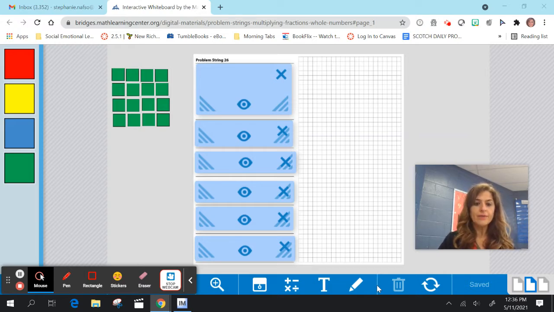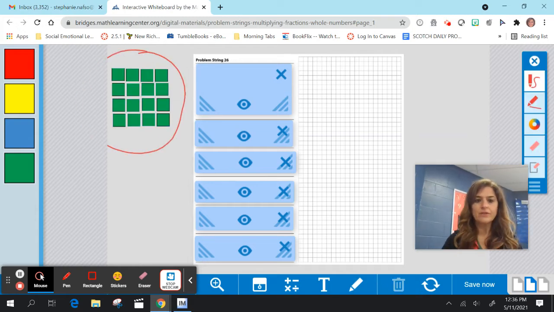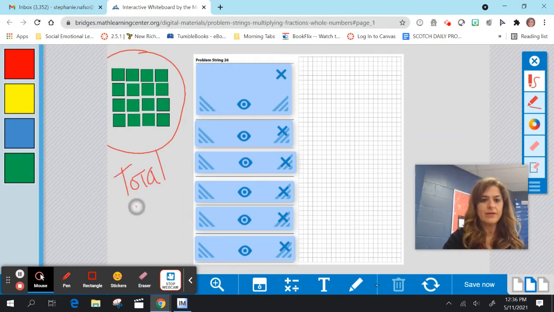Before we begin, I want to just take a look at what we did in problem string number 25, and that was fractions of a whole. So as you can see right here, we have 16 tiles. And so the total is 16. We don't have to write anything down right now.